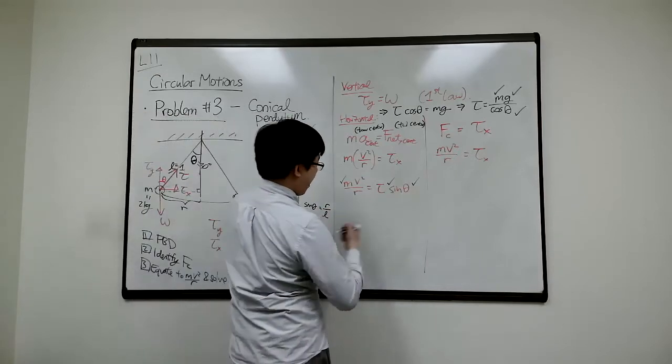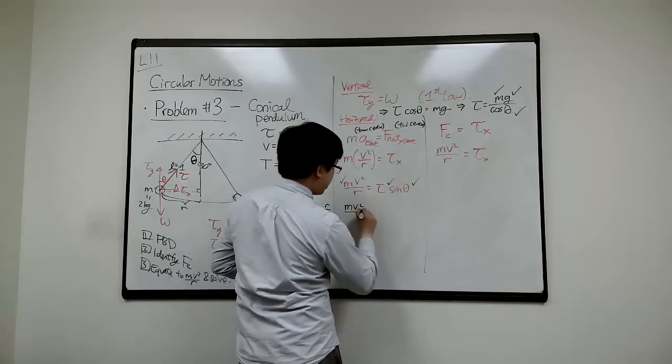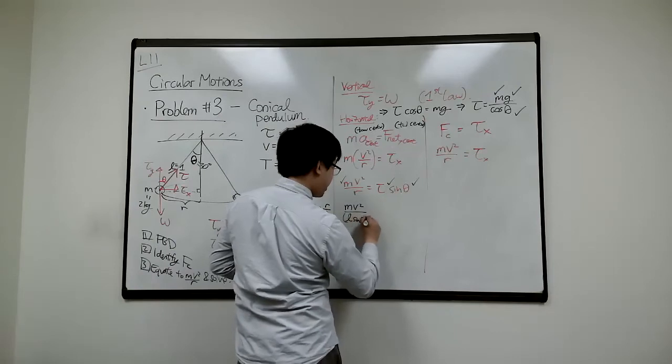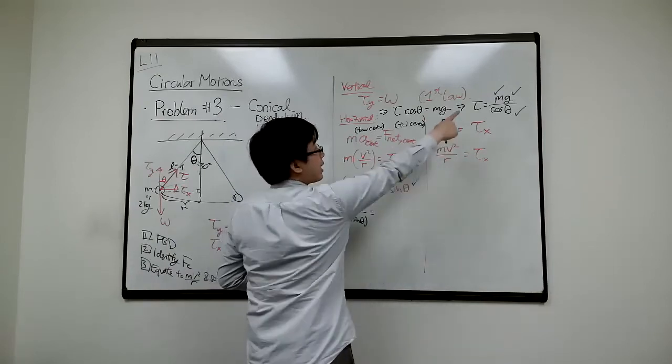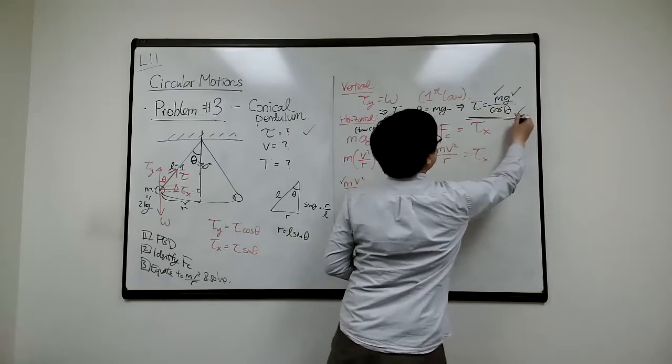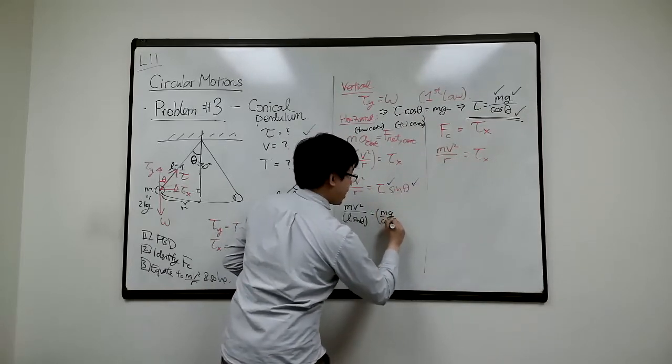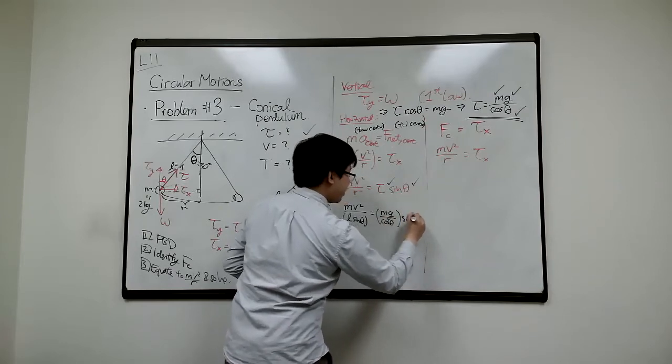So what do we have? We have mv squared over r, where r is L sine theta. Tau we have figured out over here is mg over cosine theta, times sine theta.